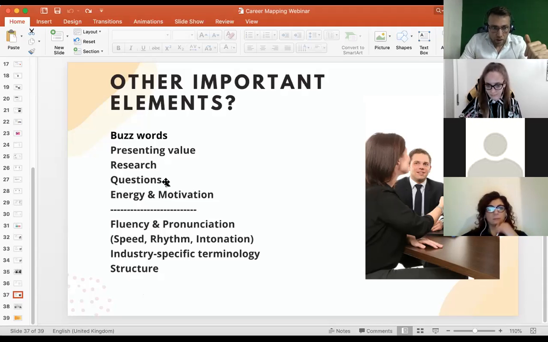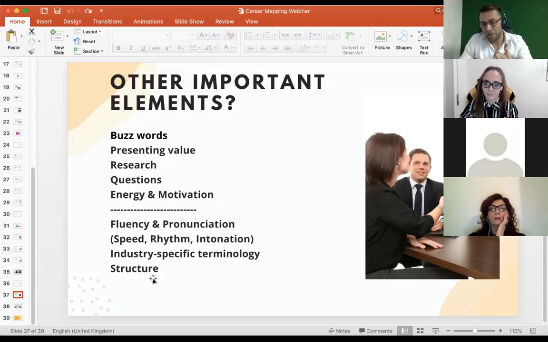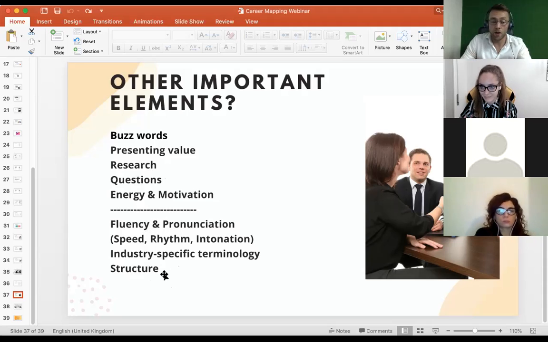And then we have the linguistic aspects as well, how we actually improve our English for the interview, in terms of our fluency, pronunciation, and all of these considerations. Structure we looked at today, EAR. There's a lot of work that goes into this training.